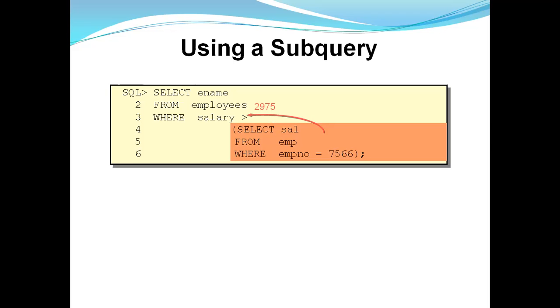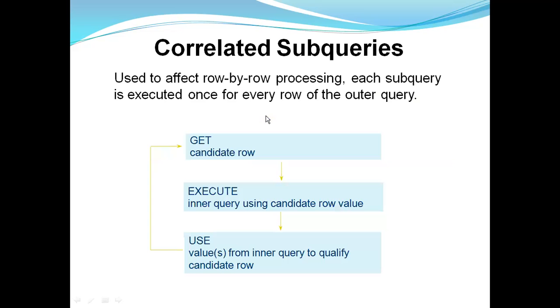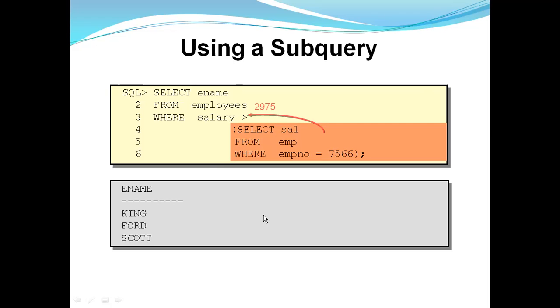Wherever the main query selects records, all records will have their salary compared with 2975, and we'll get a result based on that. Let's say we got this one. We might have 20 records, but these three records have more than 2975. Clear here? So simply, can we say writing a subquery is the simplest task?